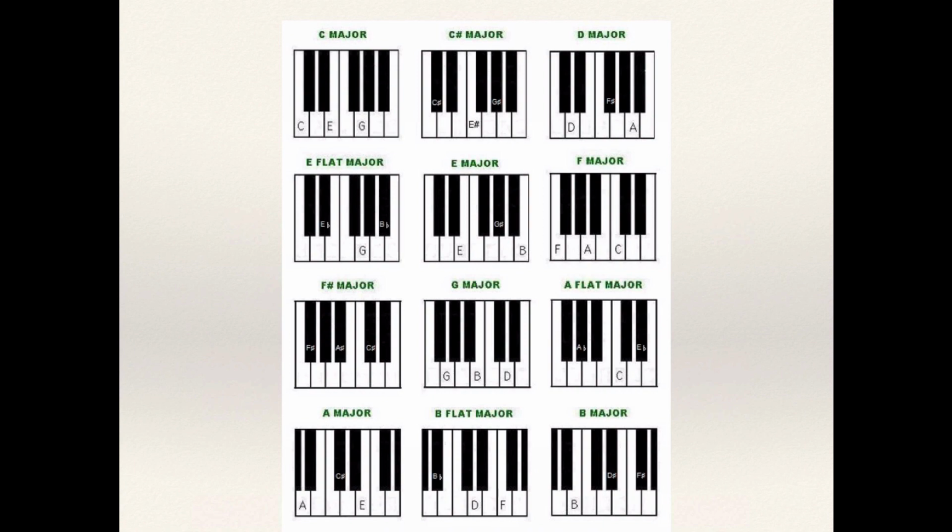Here I have them listed with the letters and not the numbers, just to give you a bird's eye view. It's 12 major chords, but once you learn your major scales, it'll be super easy.